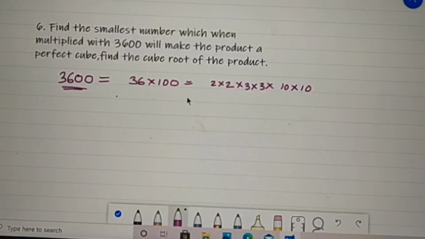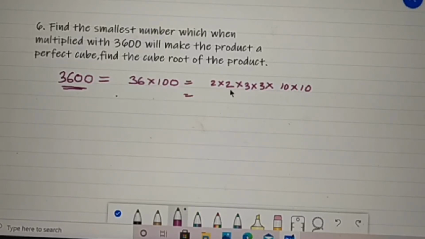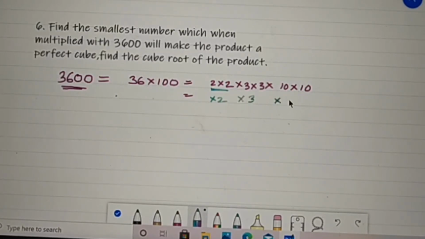And now you see the triplet. So 2 is coming in a pair, 3 is coming in a pair, 10 is coming in a pair. Now to make these triplets, 1 extra 2 you need to multiply, 1 extra 3 you need to multiply, and 1 extra 10 you need to multiply. And so 3 twos are 6, 6 tens are 60. You need to multiply this number, then it is a perfect cube.